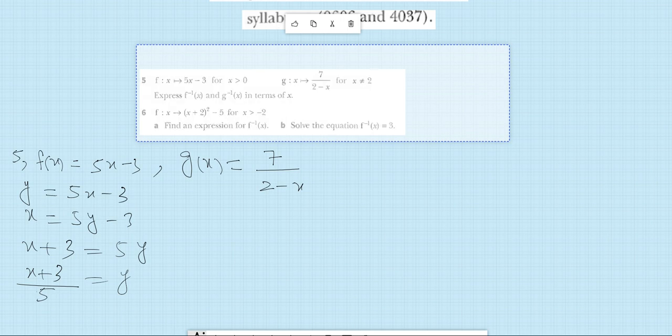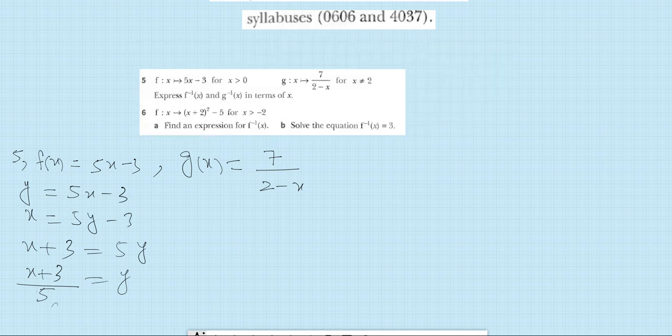Then replace this y by f inverse x. So (x plus 3) upon 5 is the answer. So this is the answer of f inverse x.